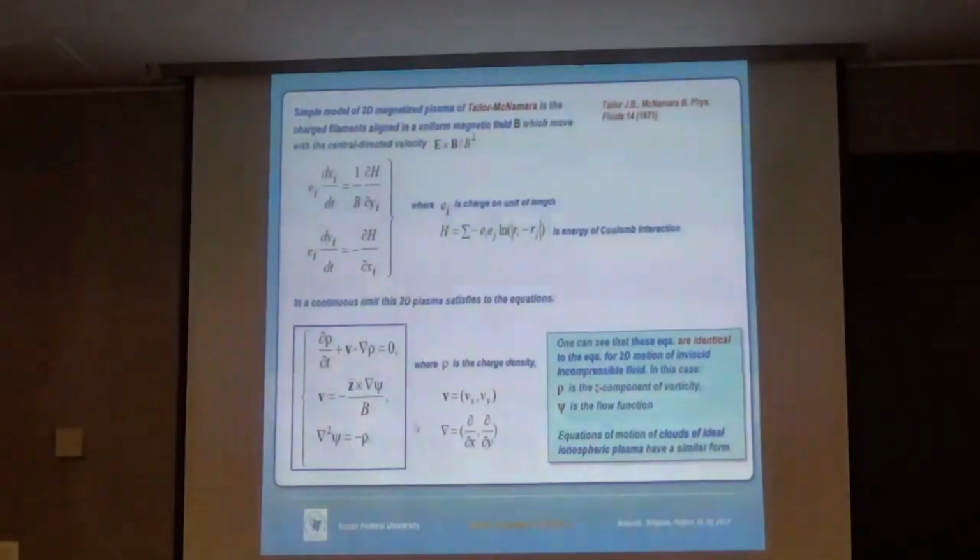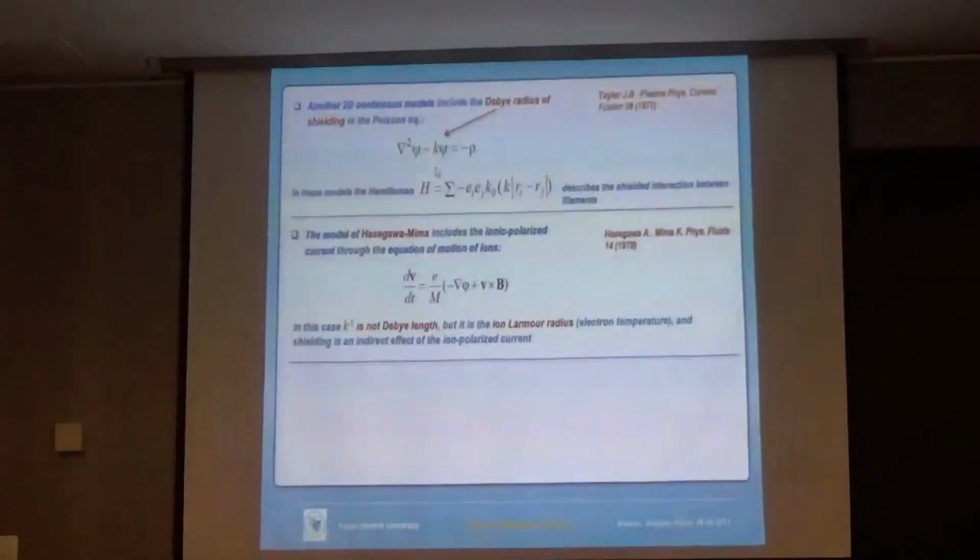Equations of motion of fluids of ideal ionospheric plasma have a similar form. Other two-dimensional continuous models include the Debye radius of shielding in the Poisson equation. In these models, the Hamiltonian takes the following form and describes the shielded interaction between filaments. The next model, the model of Hasegawa-Mima, includes the ionic polarization current through the equation of motion of ions.